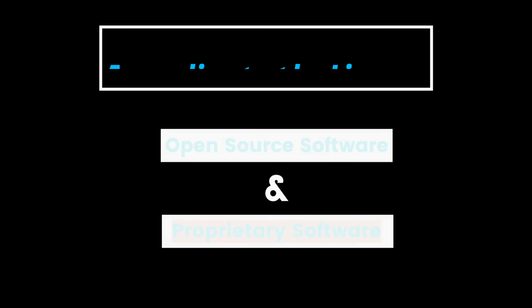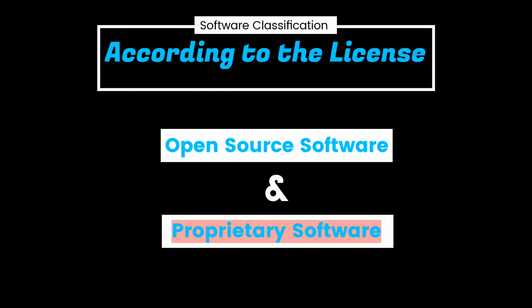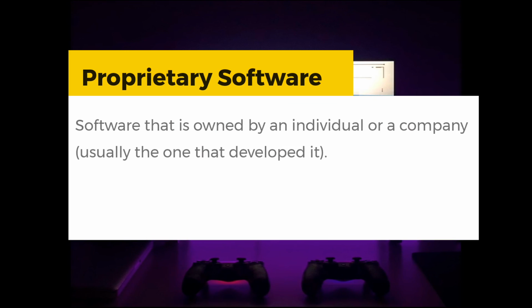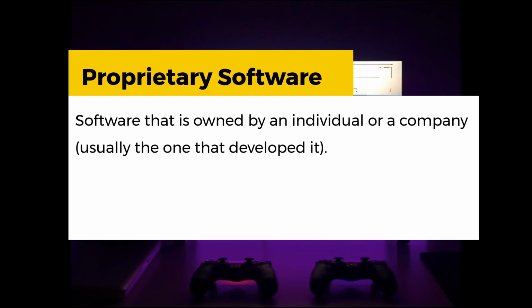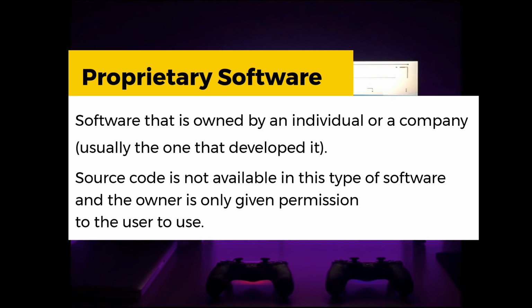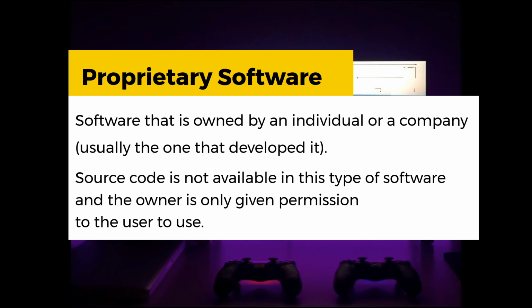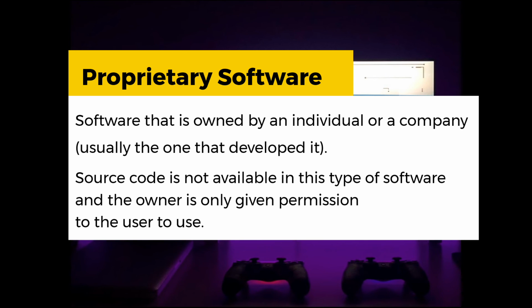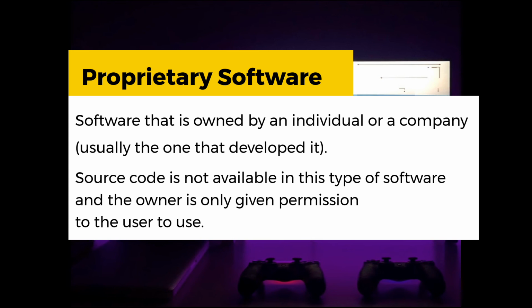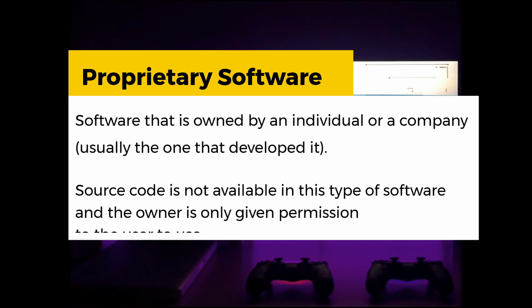The second software classification according to the license is proprietary software. Software that is owned by an individual or a company is known as proprietary software. The source code is not available in this type of software and the owner only gives permission to the user to use.